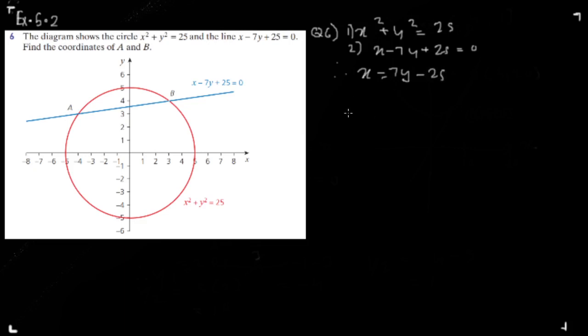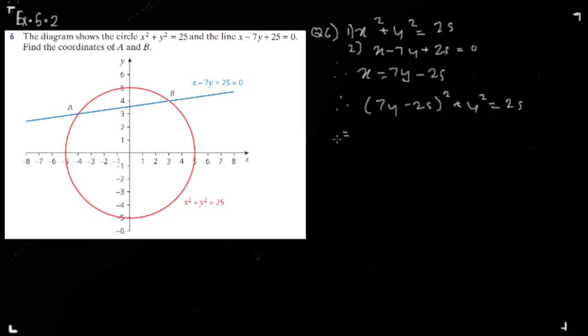So we can plug this in again: 7y minus 25, squared, plus y squared is equal to 25. I just plugged this into equation number 1, right?